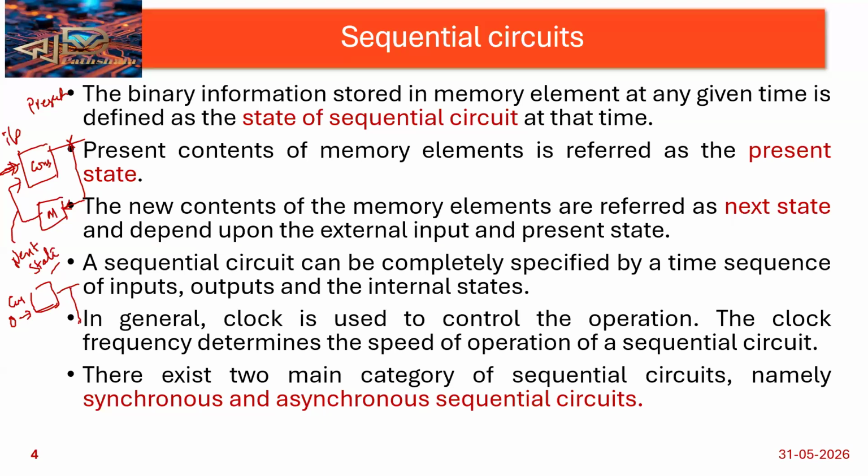That output is given back to the input, and this is the next state. The new value we get is the next state. That is the reason the combinational circuit depends upon the present state as well as the next state.